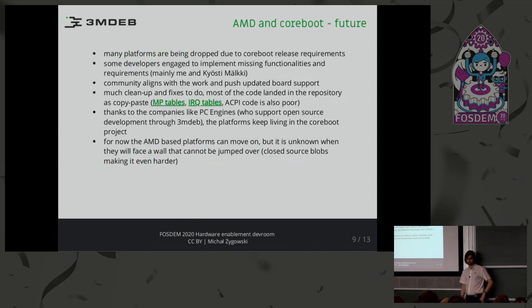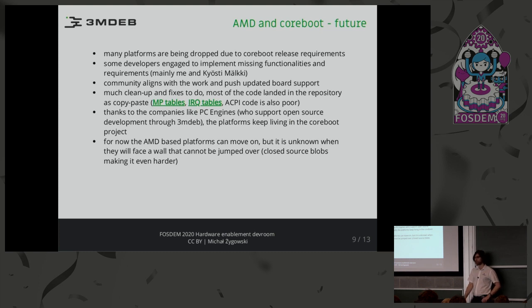A little bit more about the future. Currently, many boards that had some AMD CPUs were being dropped due to new release requirements that the coreboot project put on the code. AMD platforms lacked support for many years because AMD left the support of the AGESA.